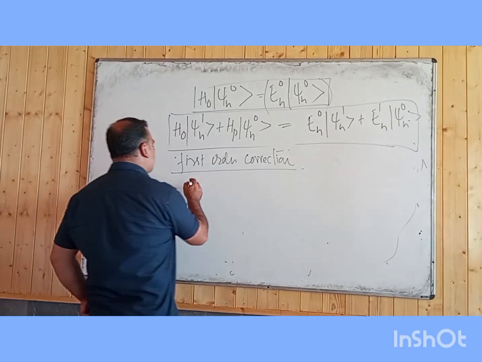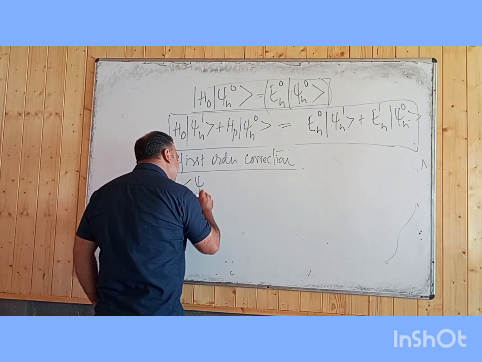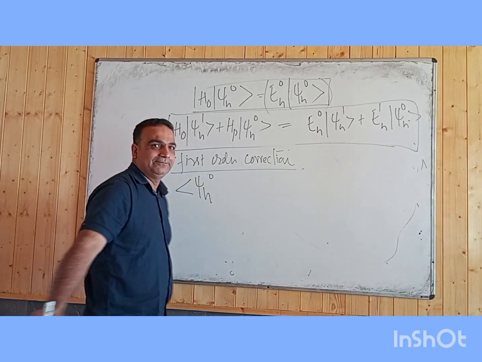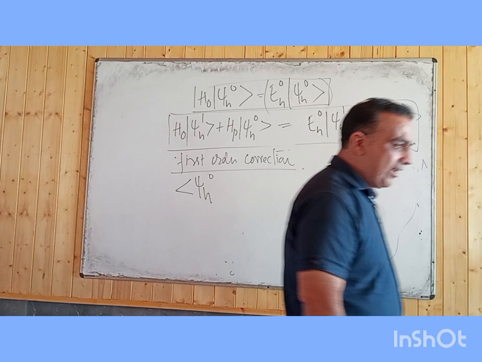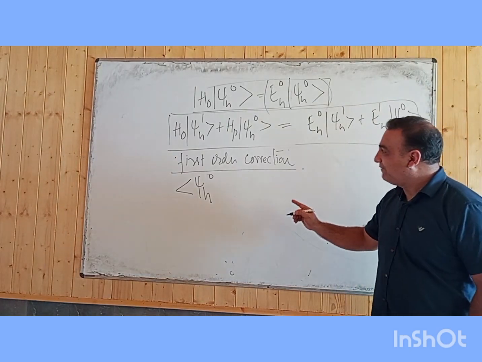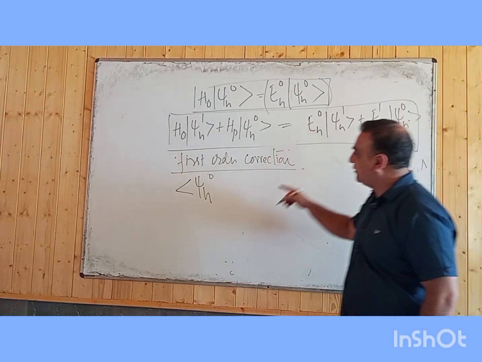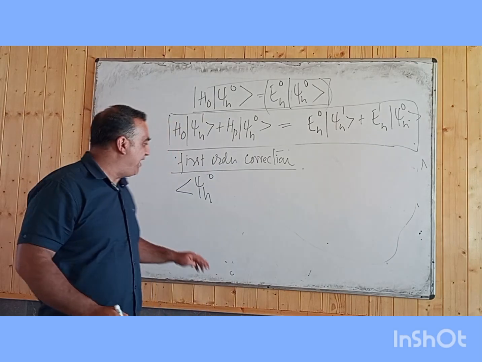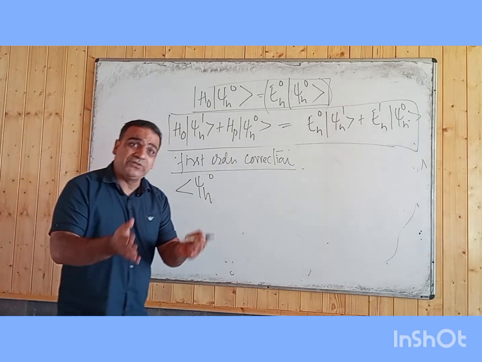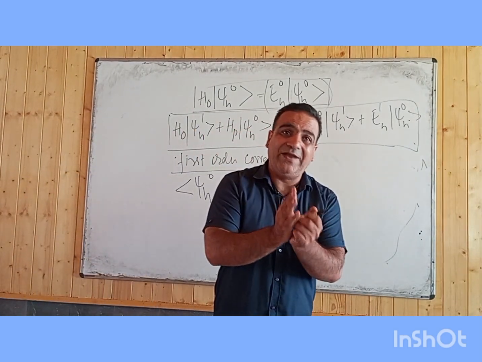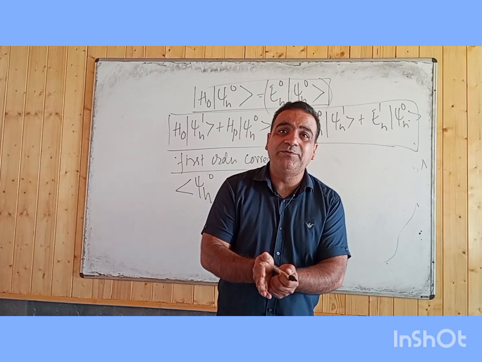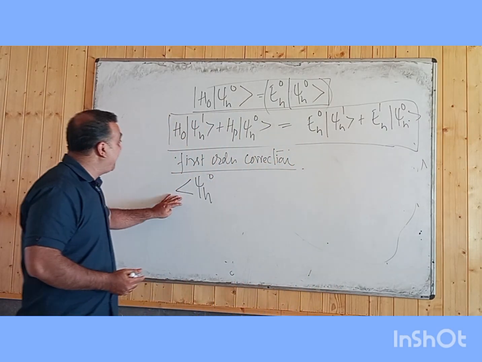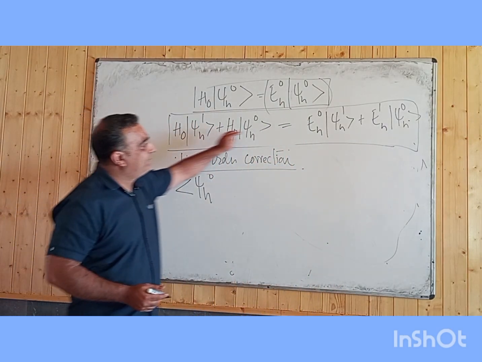I will use the same basis vector, psi n0, so I will multiply this equation on both sides from the left with psi n0. I'm using the same basis vector of the unperturbed Hamiltonian.